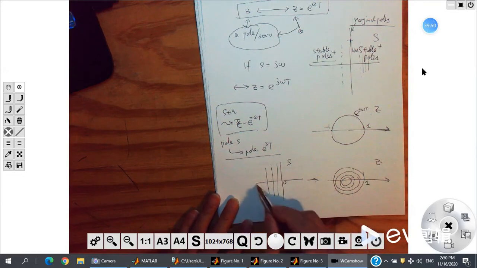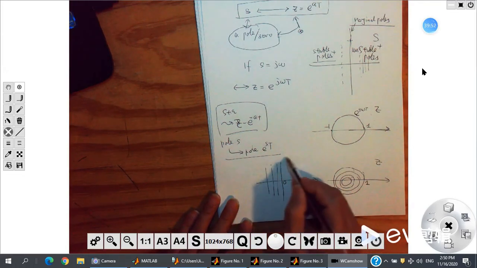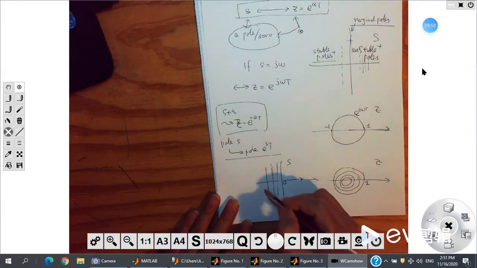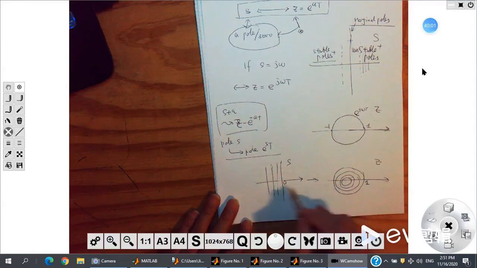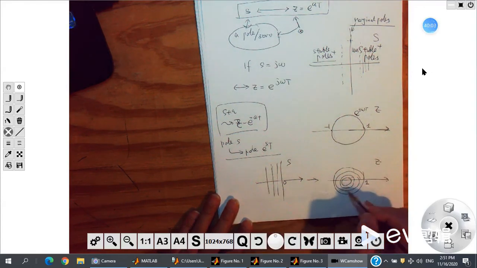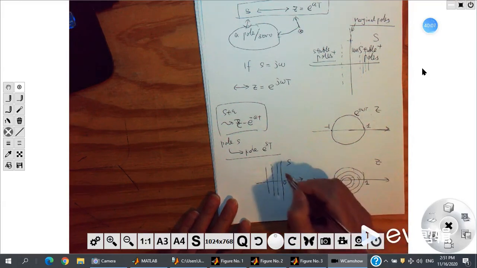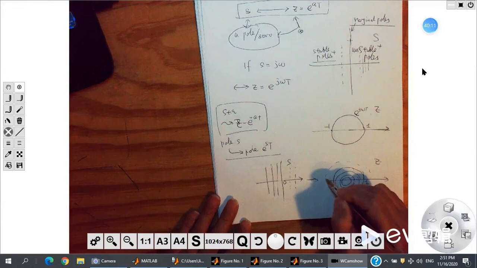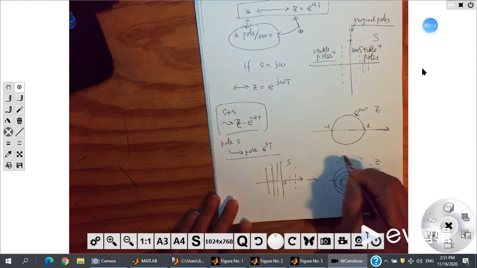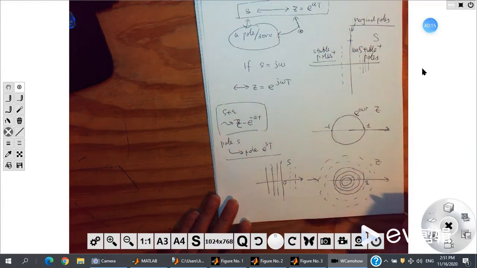So this is in the S-plane. I take some lines on the left side. They are stable poles. Then go to the Z domain. They are here, they are here. And this side, obviously, they will be outside the unit circle. Outside the unit circle. Right.